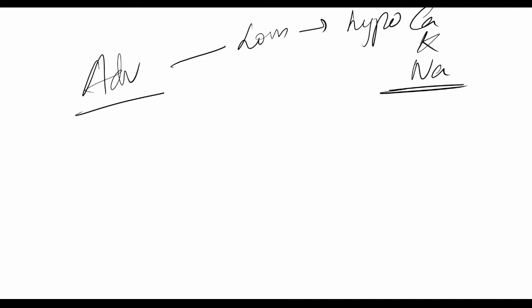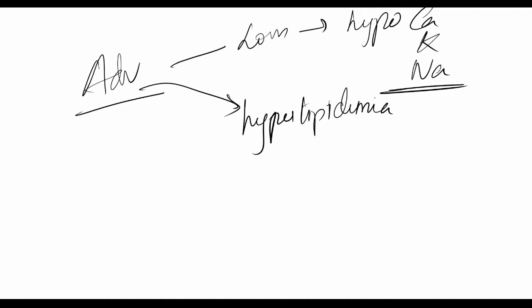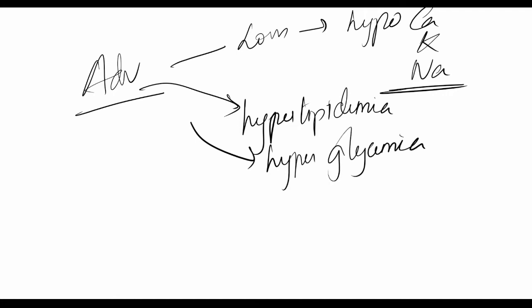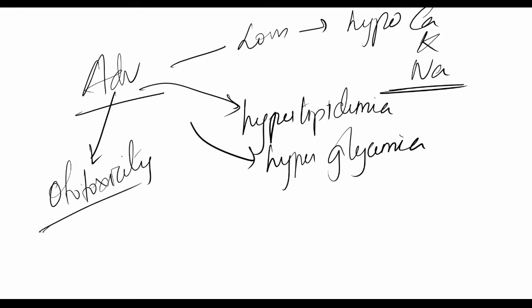But the other things are hyperlipidemia, an increased amount of blood lipid levels, hyperglycemia, and because of the loss of potassium ions, they are known to cause ototoxicity. The endolymph and perilymph are really ion sensitive, so ototoxicity can be caused.